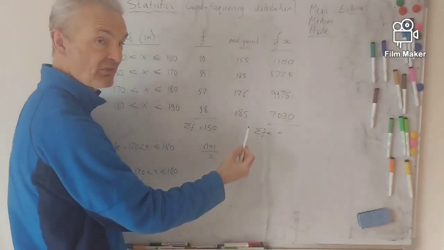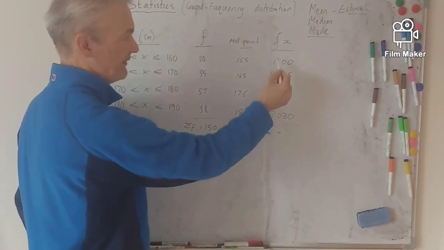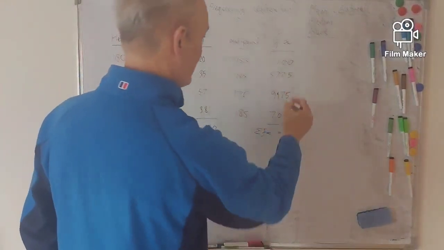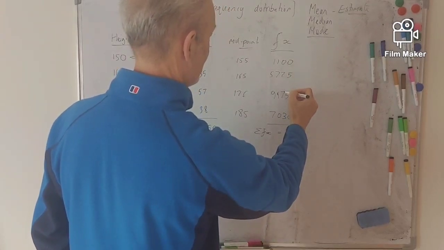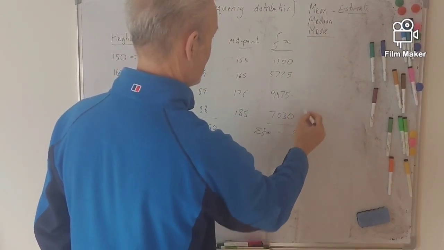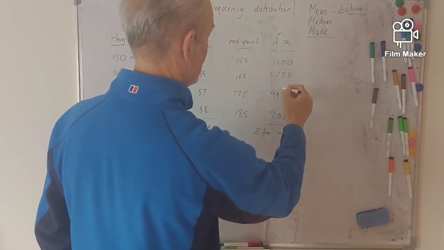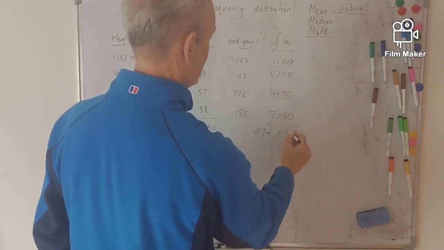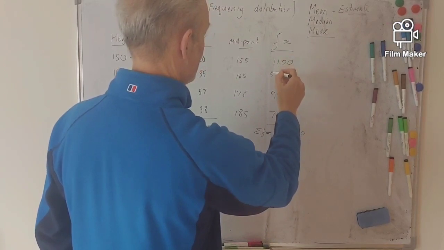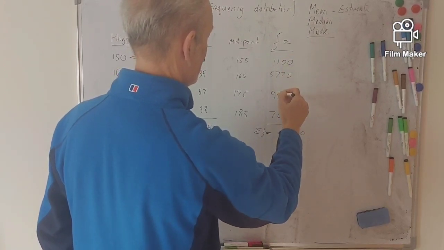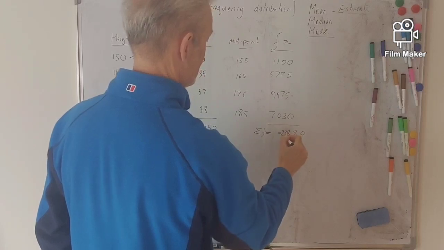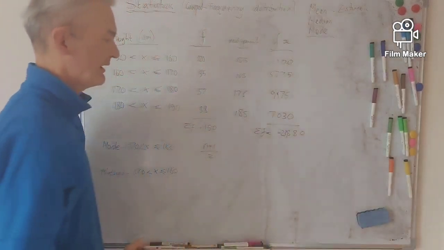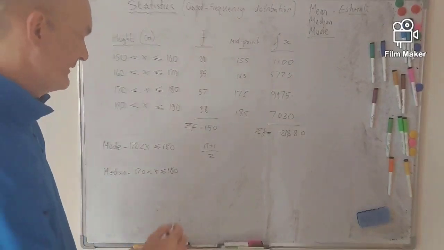Remember, sigma means sum, add up all the fx's, so we just need to add these up. Okay, so we're going to get 23,880.